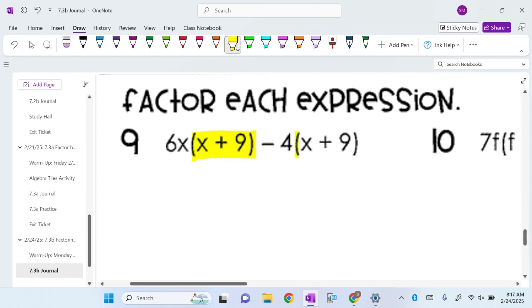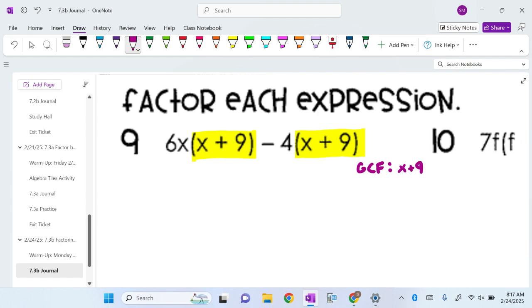That's their GCF in this case. So remember, if they're in parentheses, they're married. You can't break them apart. So my GCF in this case would be x plus 9. So that's my first factor, x plus 9.